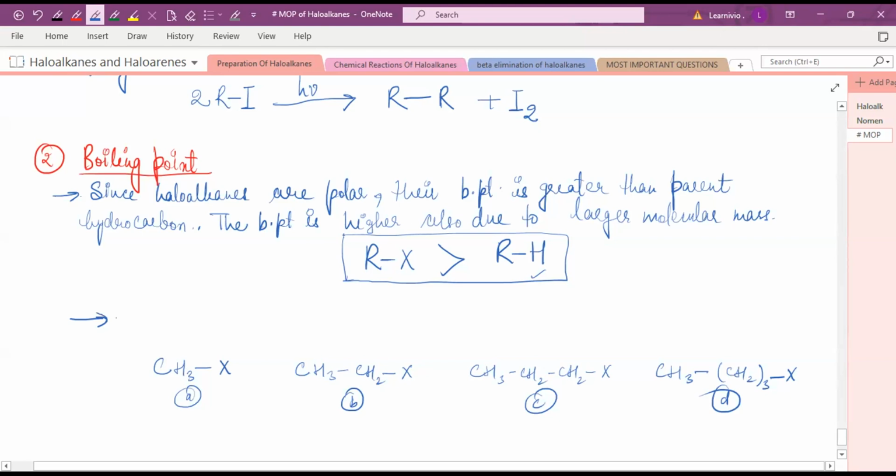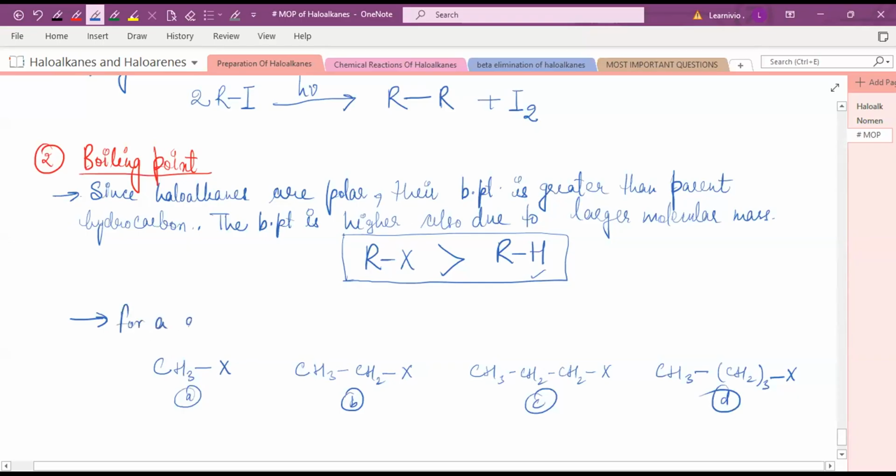Marwa and Ayesha, which one? Ma'am, option D. Yes, D, because it has 4 carbon atoms. So the number of carbon is more, the molecular mass is more.